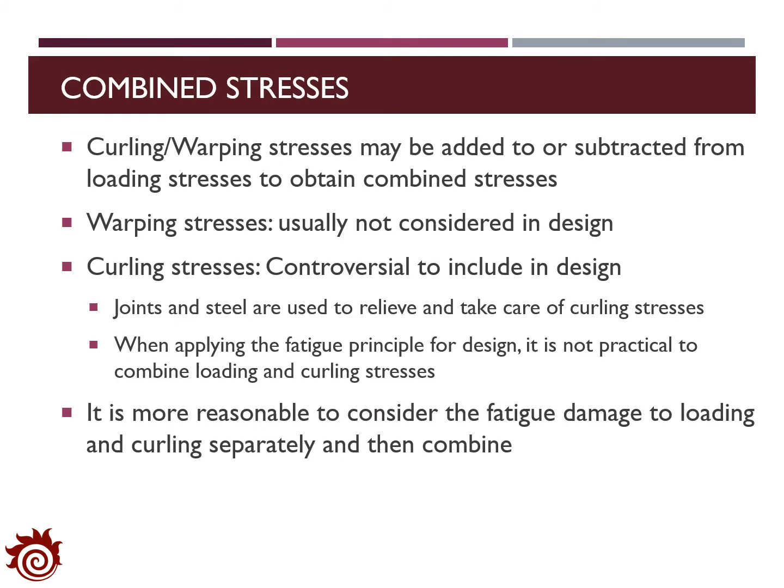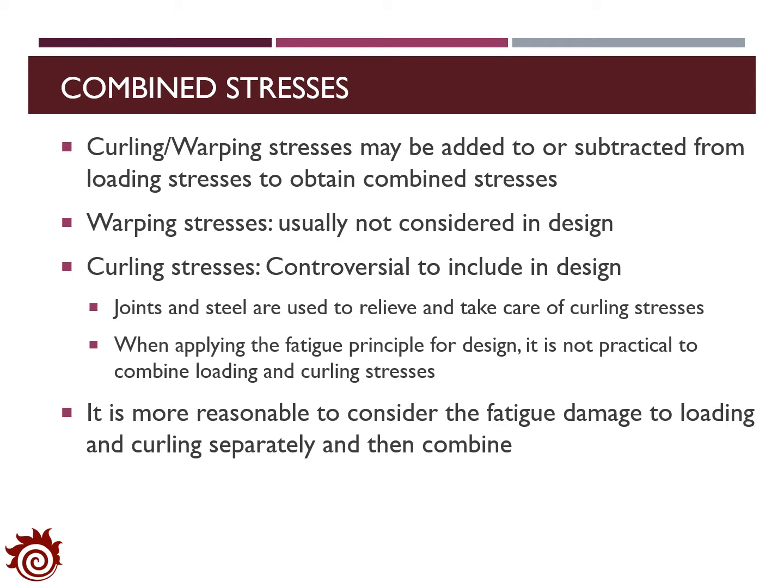So in summary, the curling and warping stresses might be added to or subtracted from the loading stresses to obtain the combined stresses. Also, for most designs, we will ignore the impact from the warping stresses. And for the curling stresses, it's actually controversial to include them in the design. Usually, we will apply the joints and steels to relieve and take care of the curling stresses.